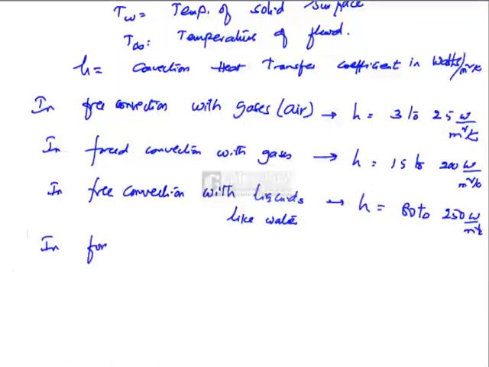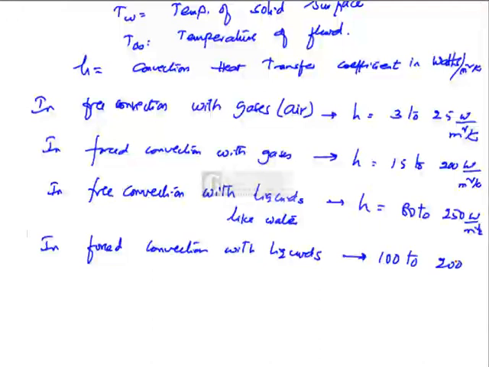In forced convection with liquids, the values may be between 100 and up to 2000 or 2500 watts per meter square Kelvin.